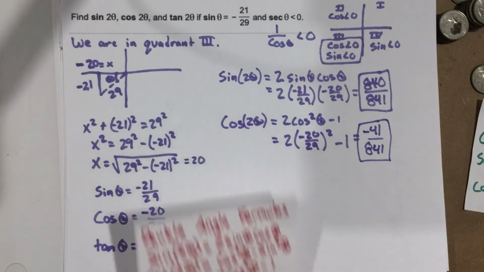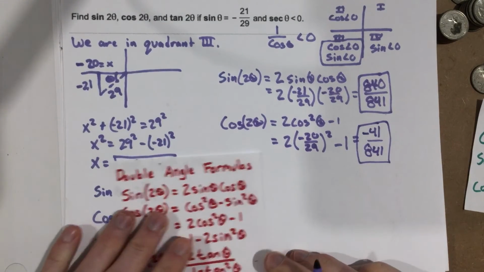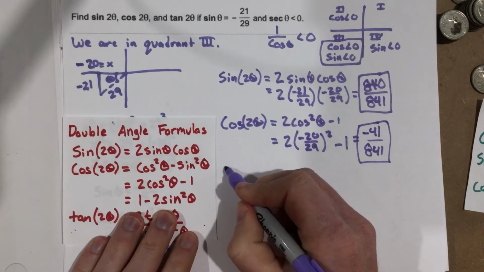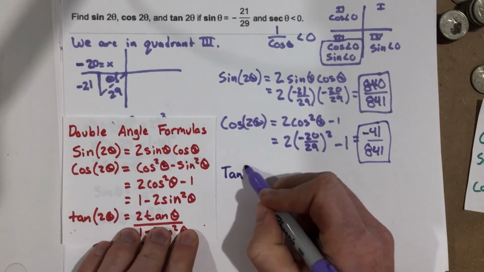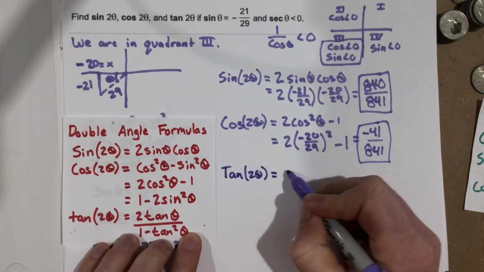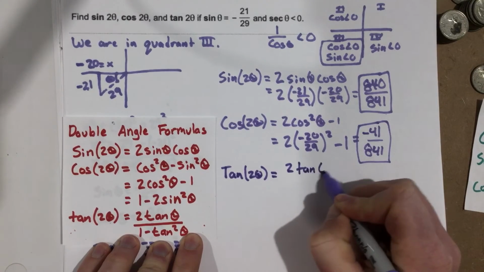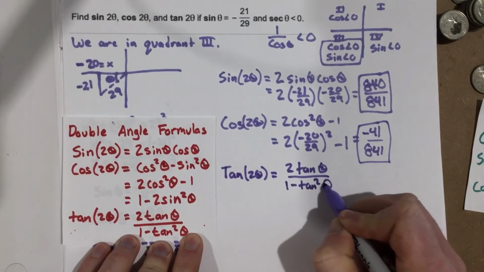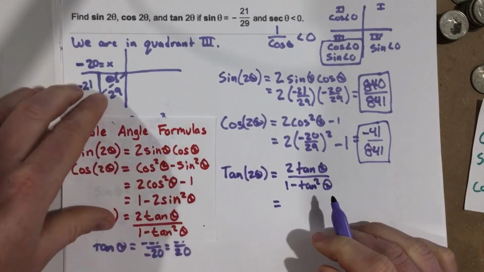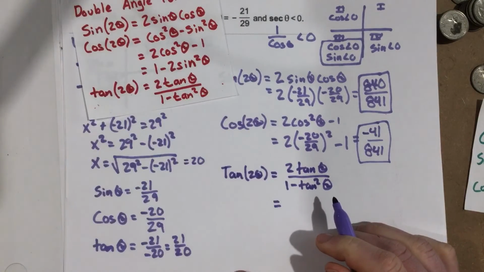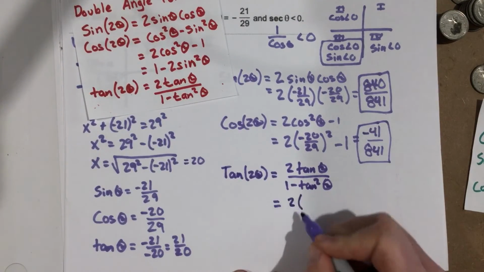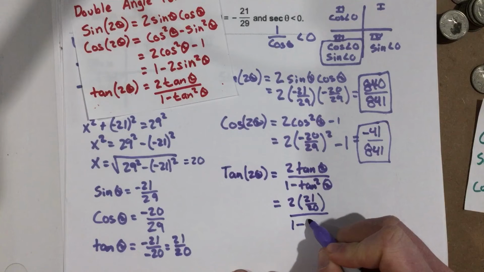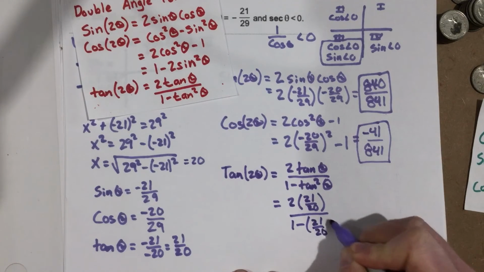Finally, I'm going to do the double angle formula for tangent. So, double angle formula for tangent says tangent 2 theta equals 2 tan theta over 1 minus tan squared theta. Well, 2 tan theta, that's going to be 2 times 21 over 20 over 1 minus 21 over 20 squared.